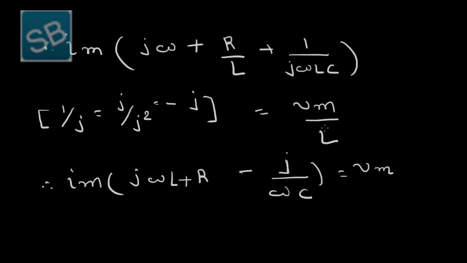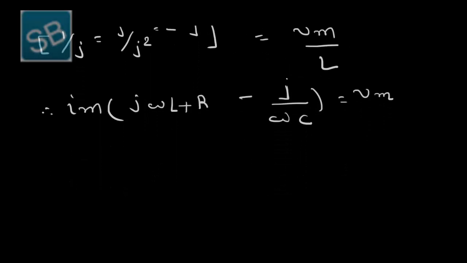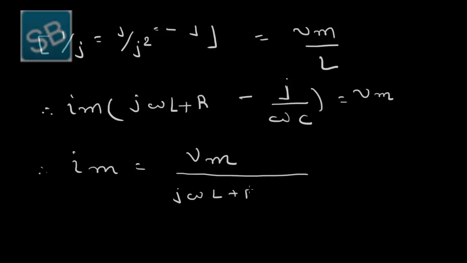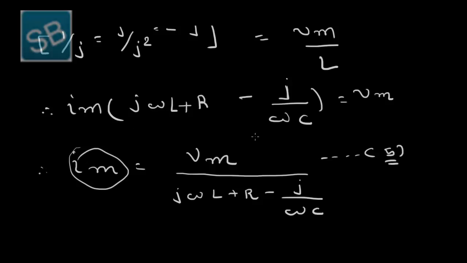Now I have the value of the current which is passing through the components of the circuit, and that is actually the maximum value. So Im equals Vm divided by j omega L plus R minus j over omega C, and this is your equation number 5, which shows the relation between the complex current I and the complex voltage Vm e to power j omega t.